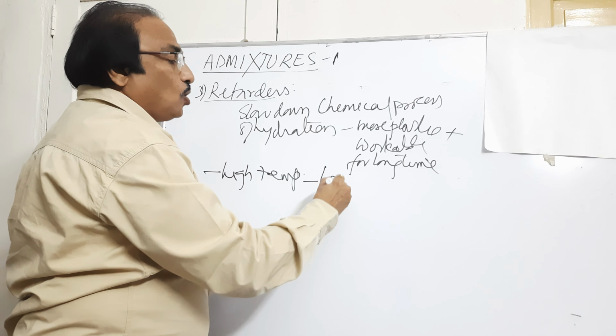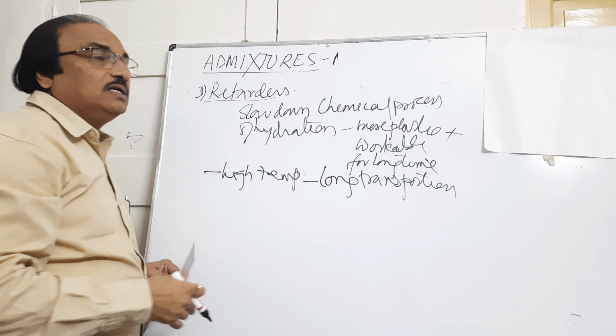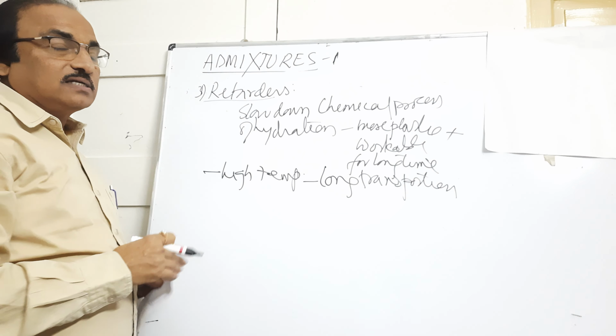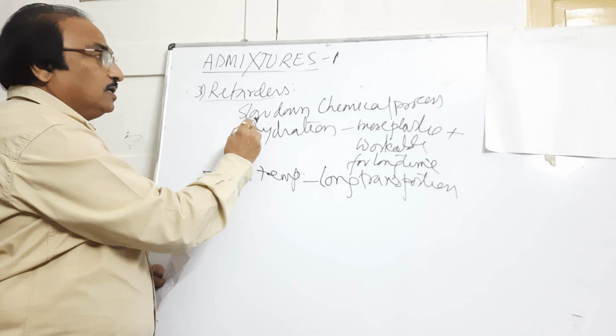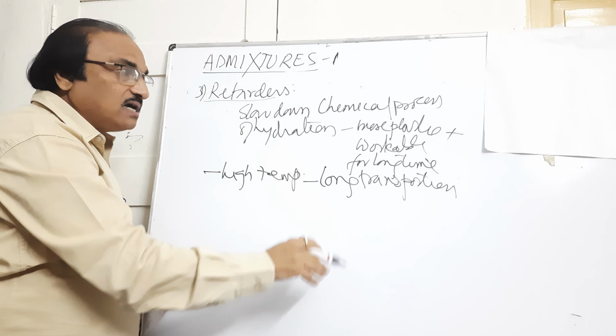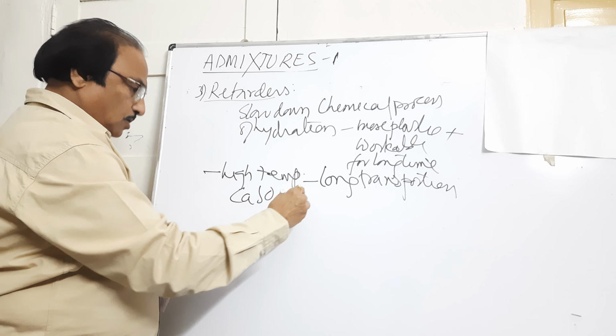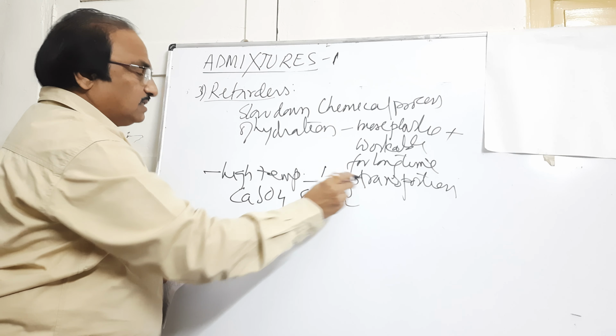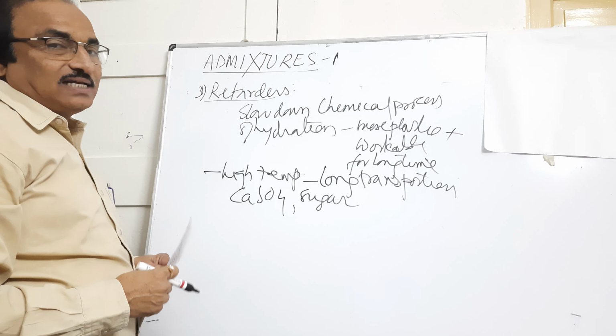If the site is far away from the point where the concrete is made, then we add retarders. The purpose of retarders is to retard the chemical process of hydration. Common examples are calcium sulfate and sugar. If you add these, they act as retarders.